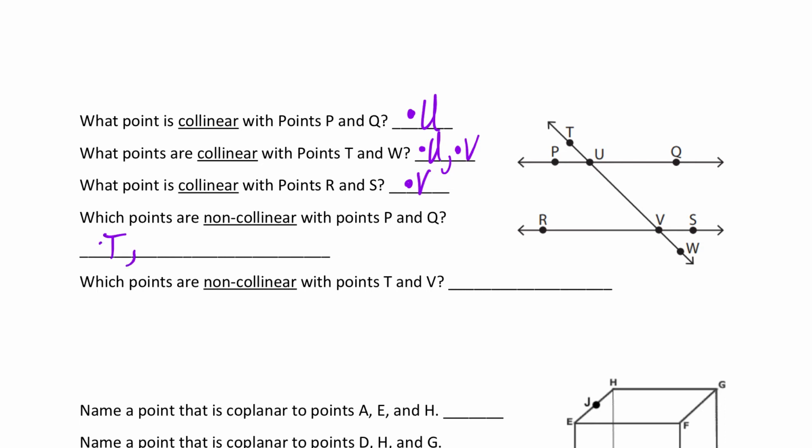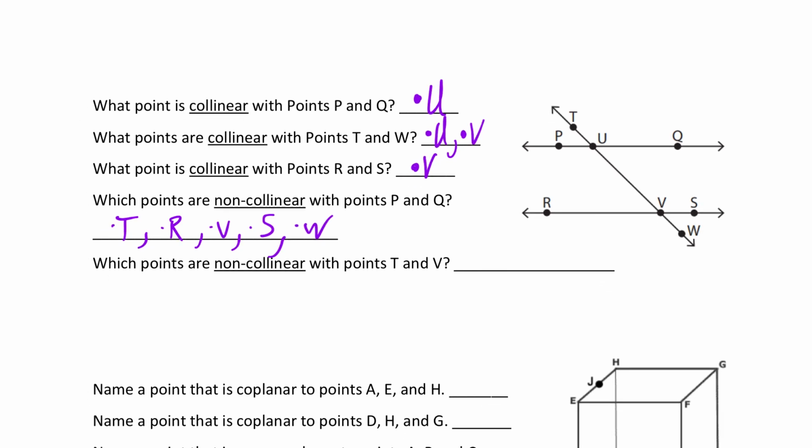So point T, point R, point V, point S, and point W. Which points are non-collinear with points T and V? Which ones are not on the same line with T and V? P, Q, R, and S. Yes. So point P, point Q, point R, and point S.